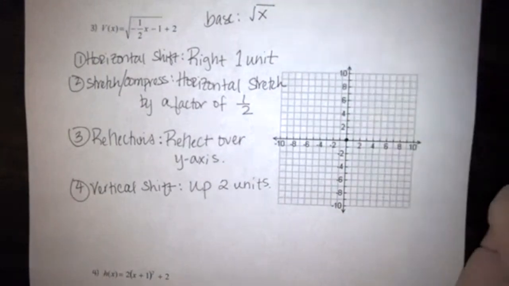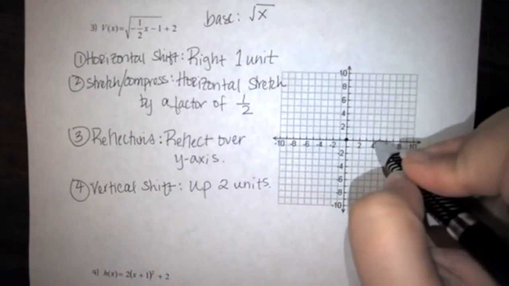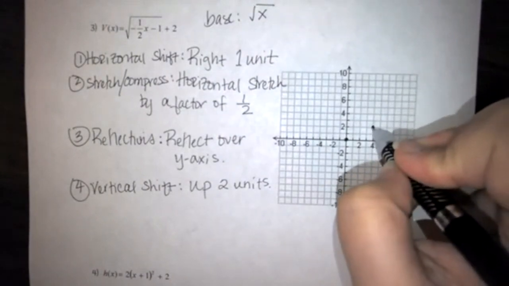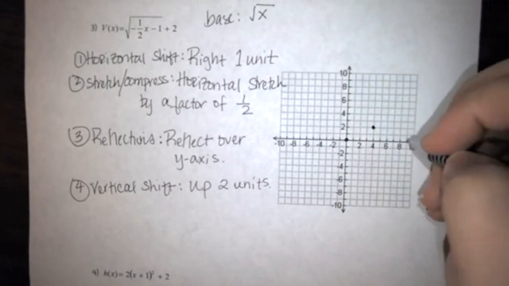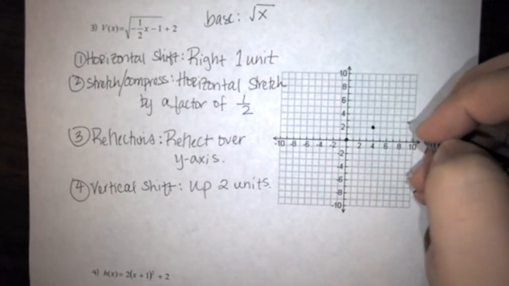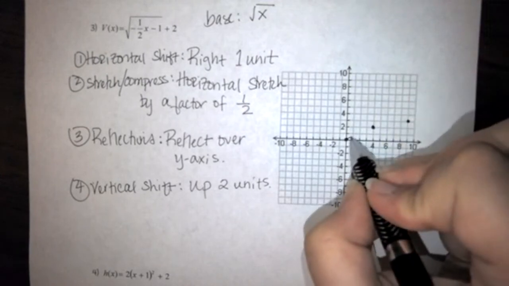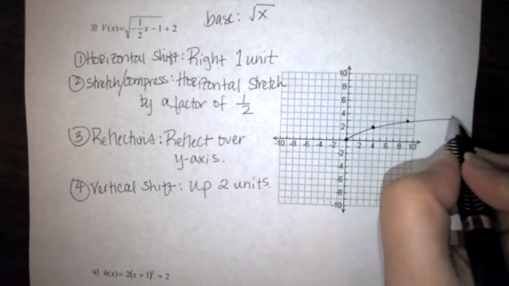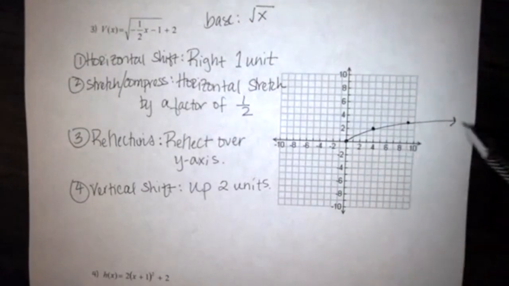So the first thing I'm going to look at is x is 4, because I know I can take the square root, and that gives me a 2. And then I may look at 9, because I know when I take the square root I get a 3. And then this right here is going to now be my parent function. Notice it's got a little bit of a curve.